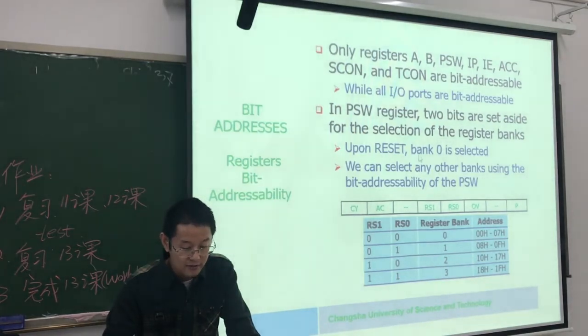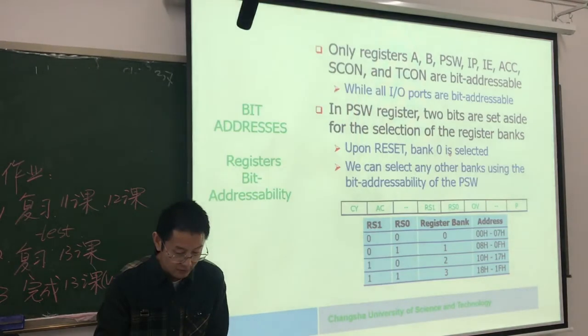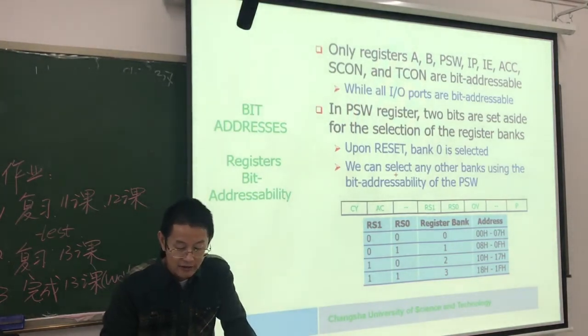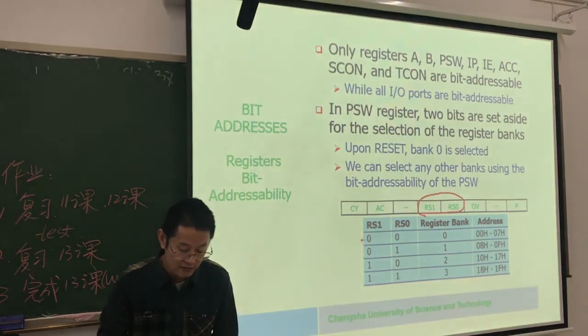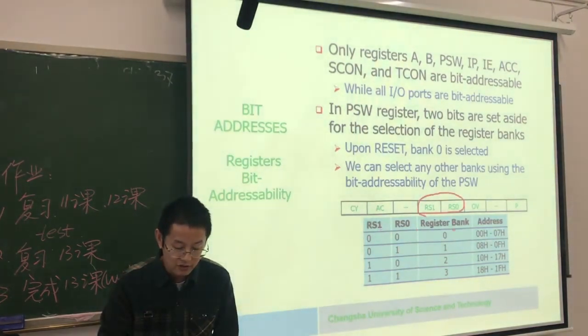Upon reset, bank 0 is selected. We can select any other banks using the bit addressability of the PSW. RS0 and RS1 are for selecting the register bank.